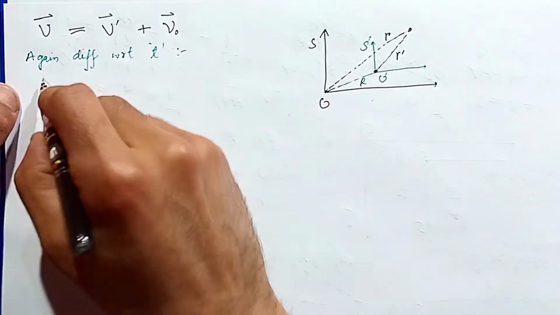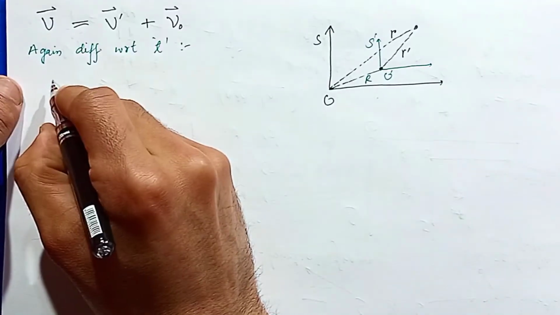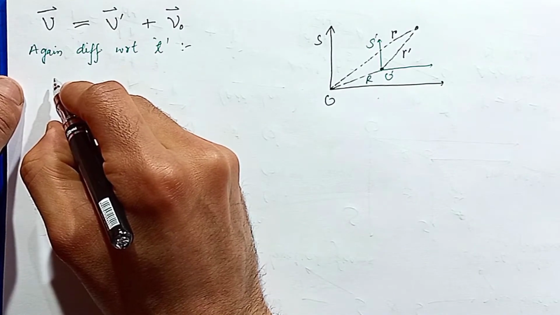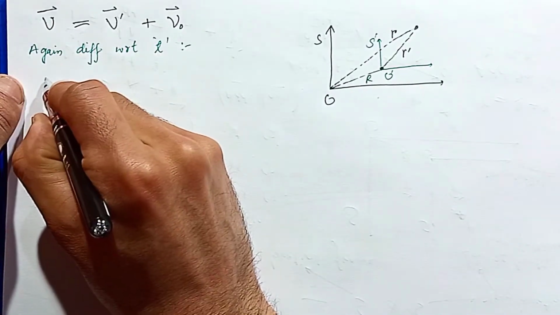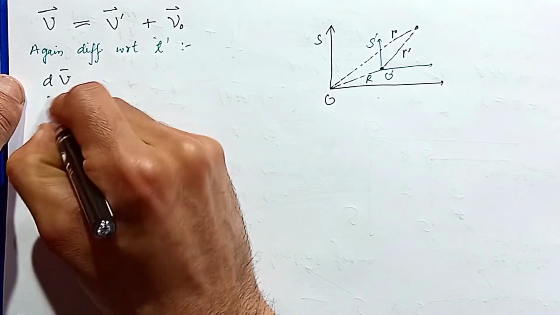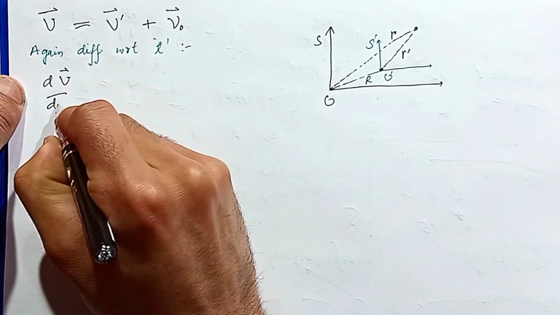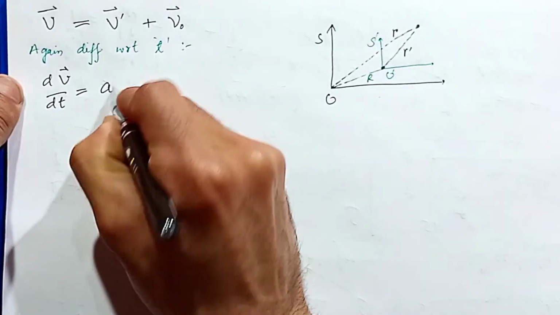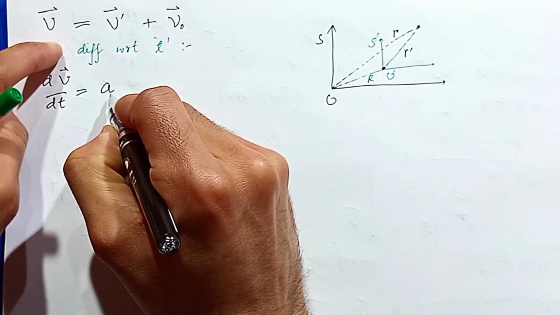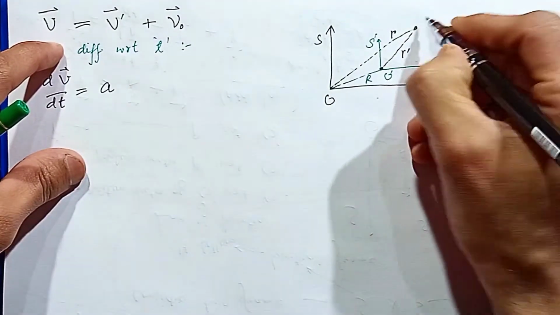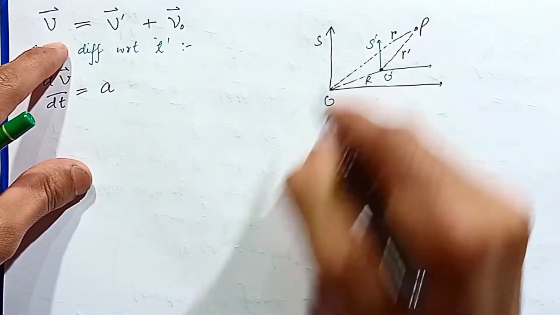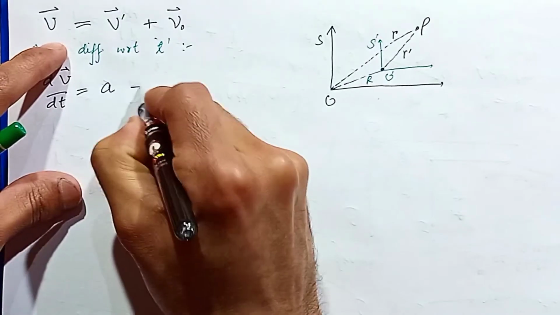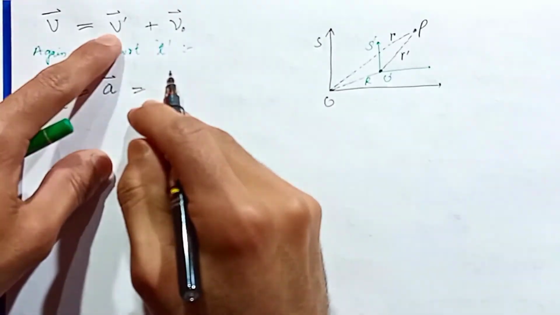So we get the double differentiation of r, that is dv by dt, the acceleration of this particle P with respect to frame of reference S, equal to v prime dot.